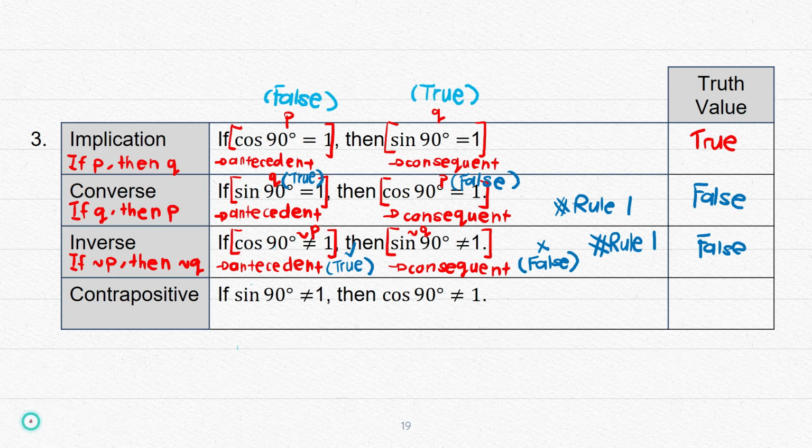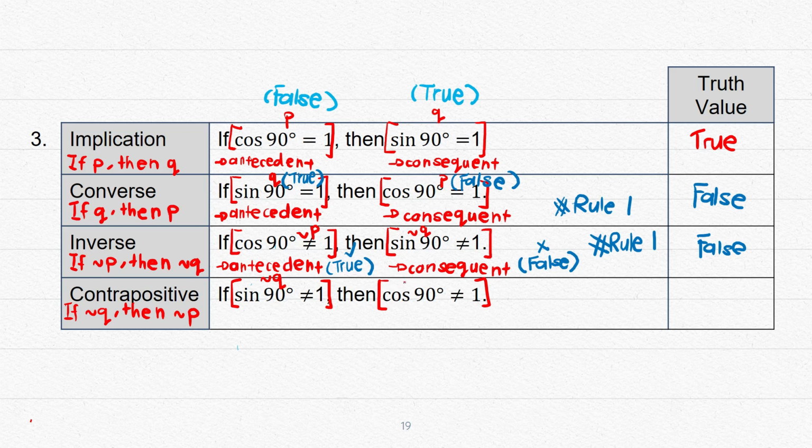Okay, now we look at the contrapositive: if tilde Q, then tilde P. Tilde Q is sin 90 degree not equal to 1, and tilde P is cos 90 degree not equal to 1.